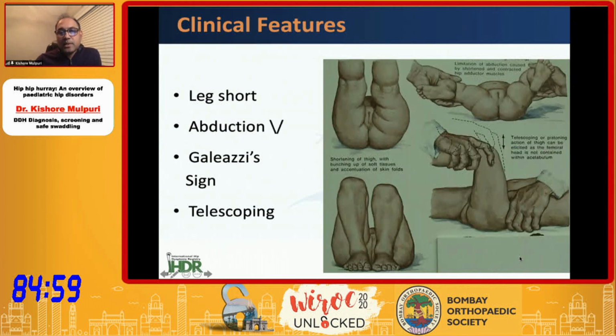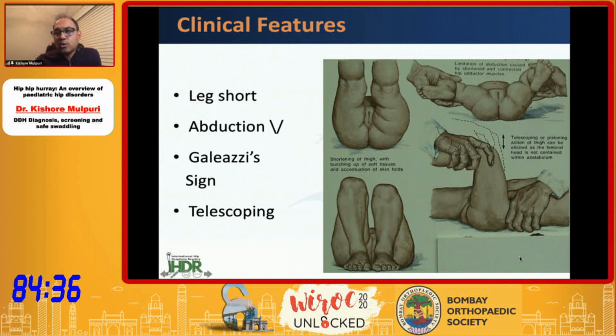Clinical exam is very, very common, no matter where you are in the world. If you're screening a child for DDH, depending on their age, you start off with the Ortolani and Barlow tests. And as the child gets older, then you start looking at other signs, like leg length difference, decreased abduction, the Galeazzi sign.